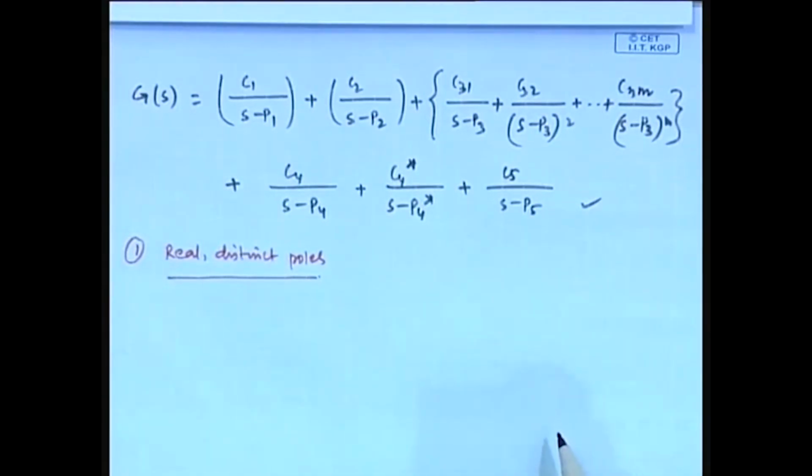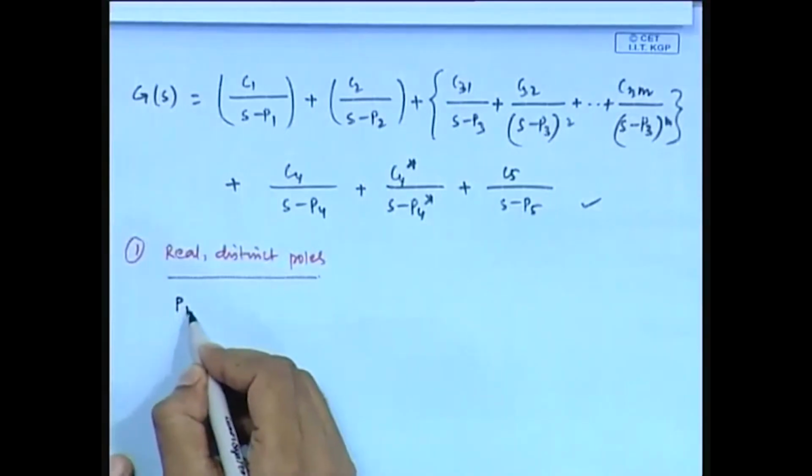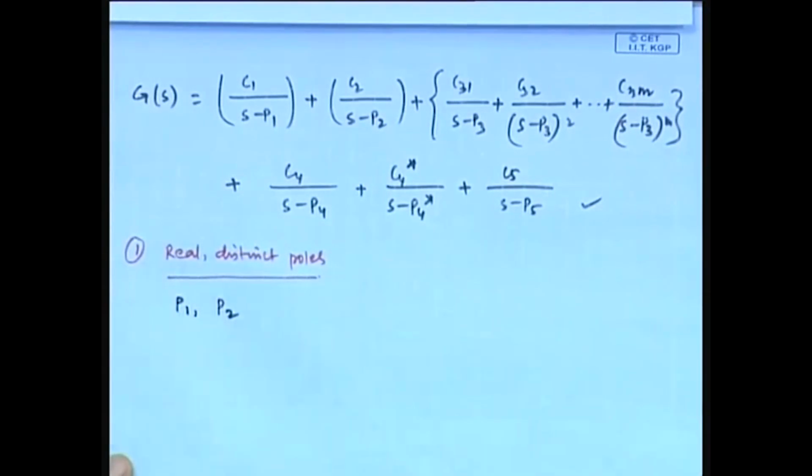In this case, we will consider just two poles, both real and both distinct. Those two poles are P1 and P2.